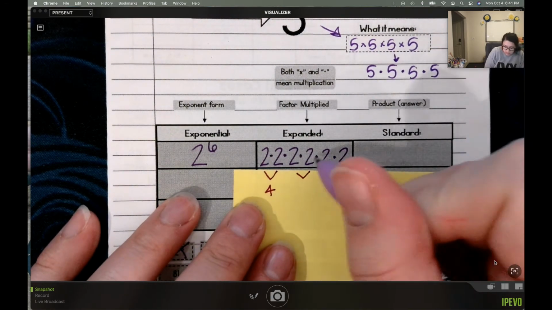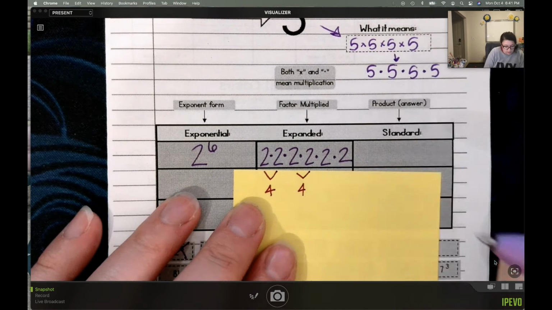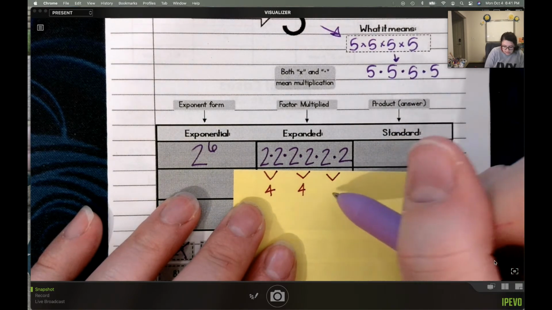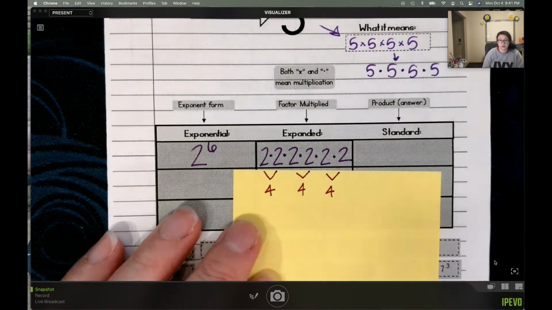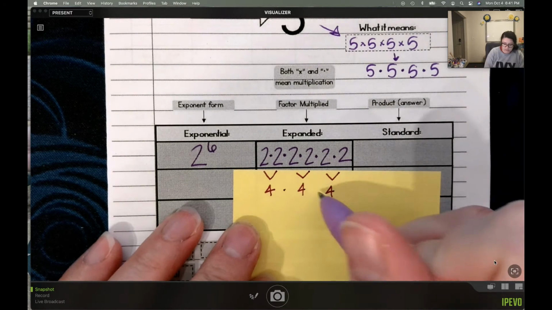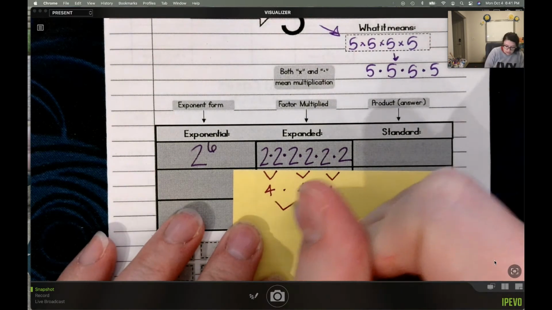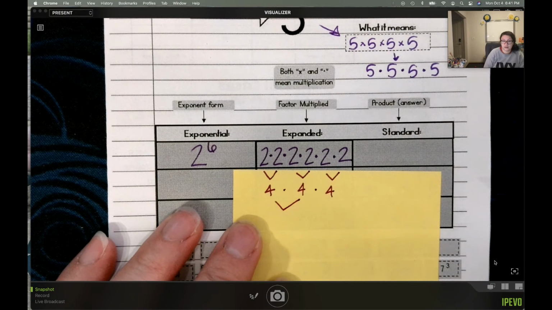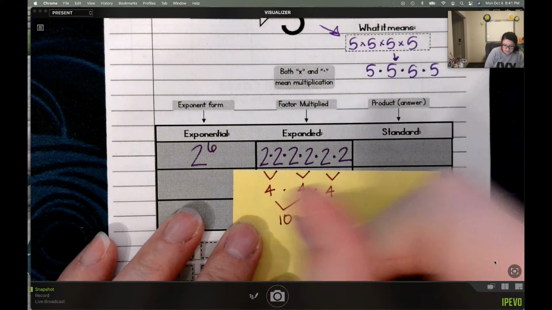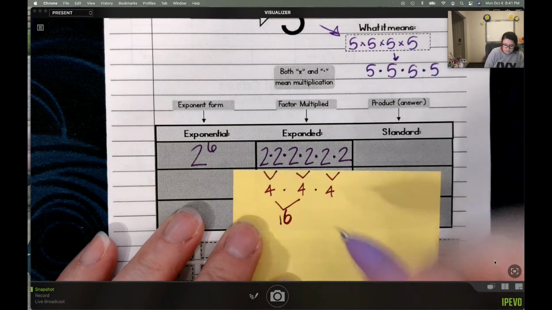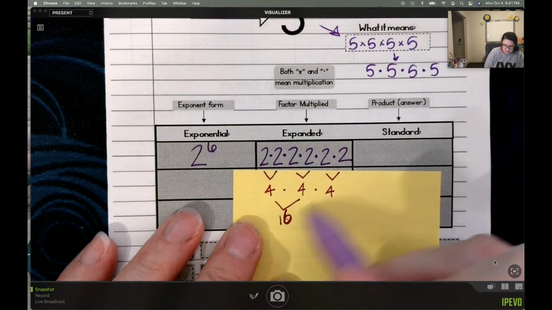Then those next 2, which is still 4. And then those last 2, which is also 4. So now I have 4 times 4 times 4 that I can simplify even more. What's 4 times 4? 16. So now I have 16 times 4 to do.